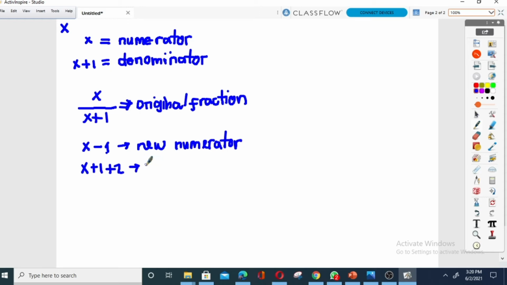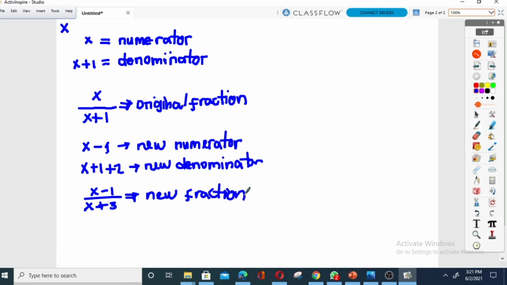This will be the new denominator. So if we put it in fraction form, it becomes x minus 1 over x plus 3. Just add 1 plus 2, it becomes x plus 3. So this will be the new fraction.